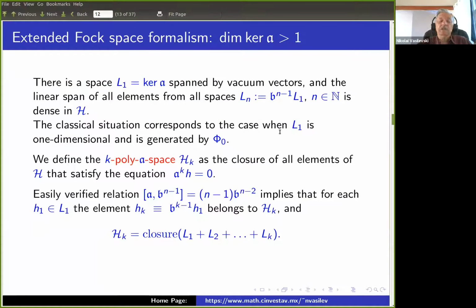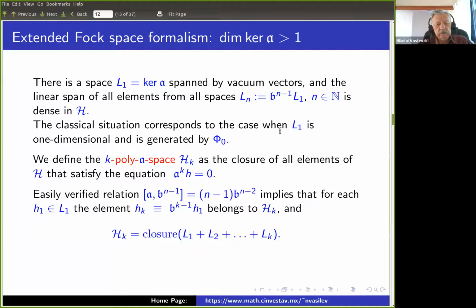In our particular case, related to the Fock space, we have a one-dimensional kernel of operator A. So we would like to extend our Fock space formalism to the case when the kernel of A is not one-dimensional.